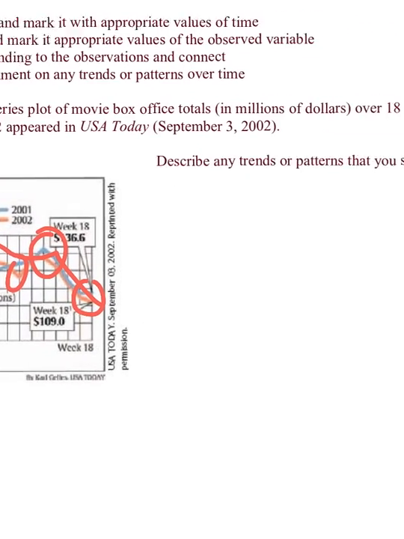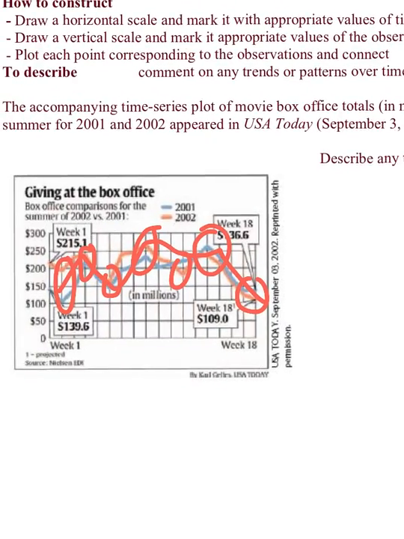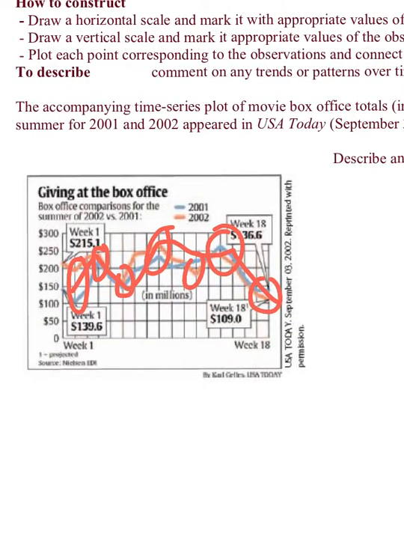And so if I were to describe any trends or patterns that I see, I would say that, according to the 2001 and 2002 data, there seem to be seasonal peaks at week 4. All right, so week 4, there's one peak right there. And week 9, there's a peak, and around week 14, there's a peak.